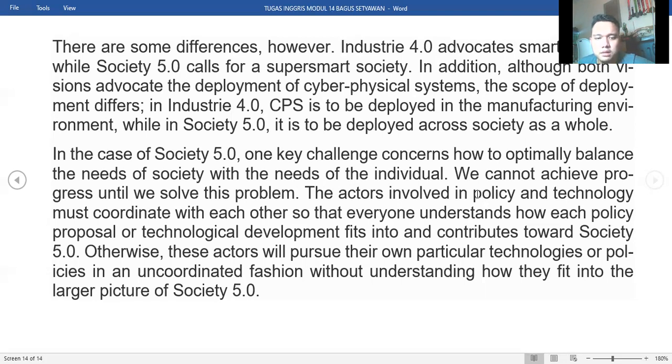Otherwise, these actors will push their own particular technologies or policies in an uncoordinated fashion without understanding how they fit into the larger picture of Society 5.0.